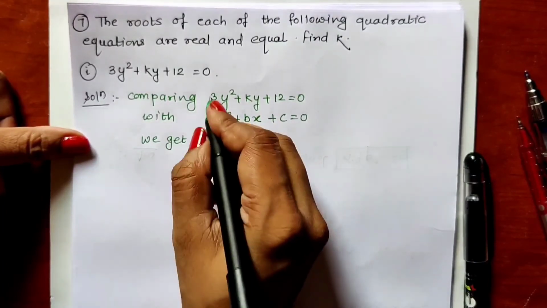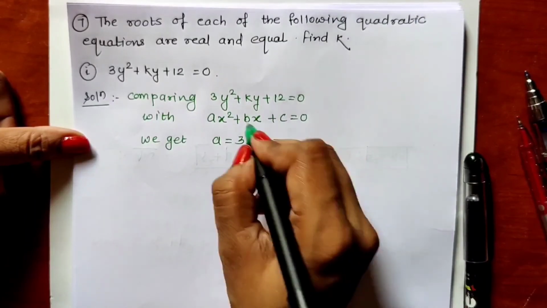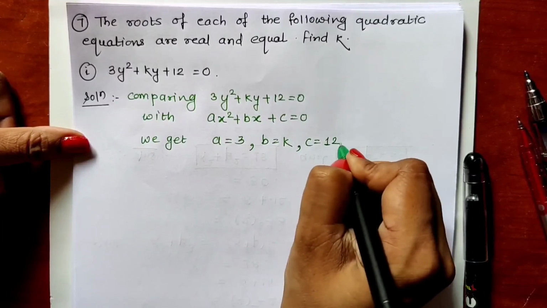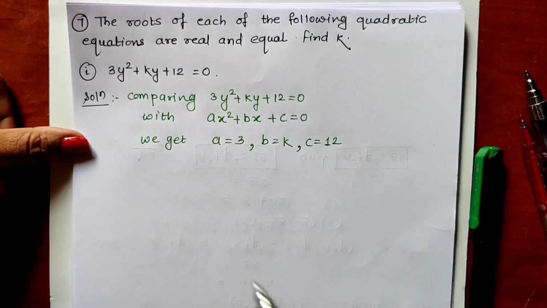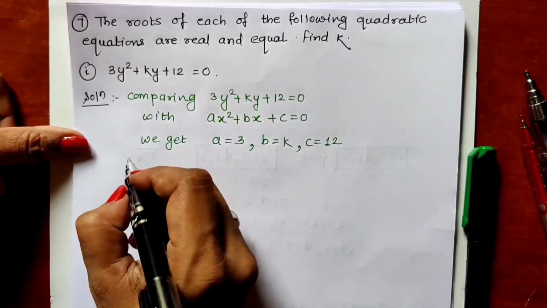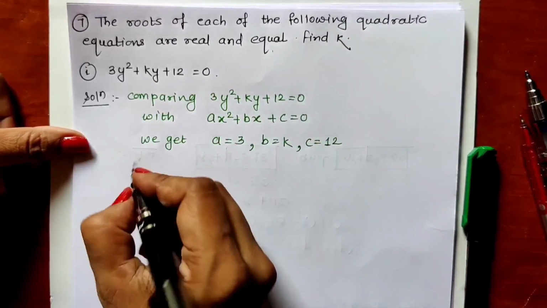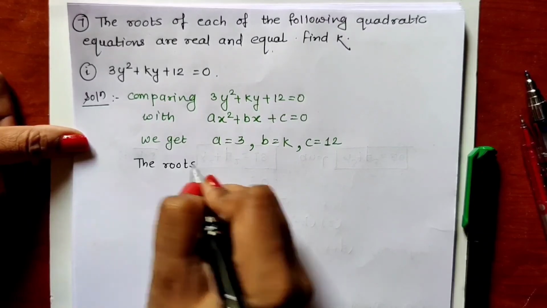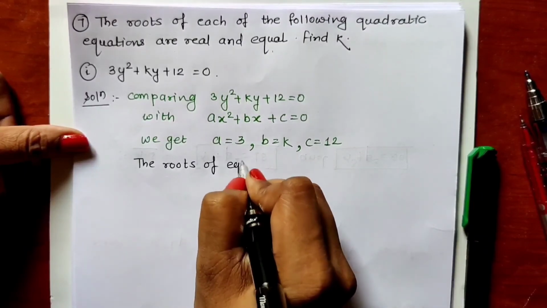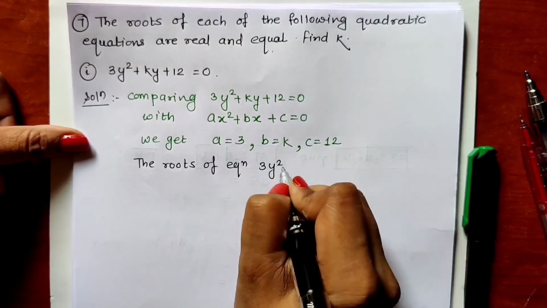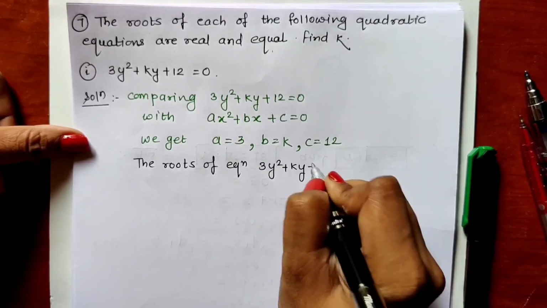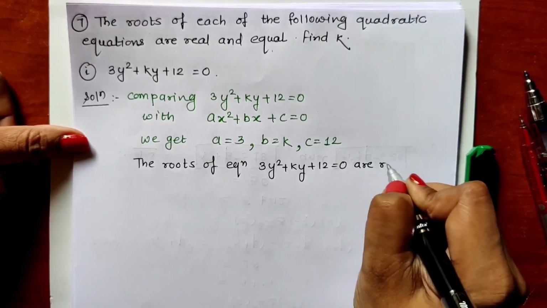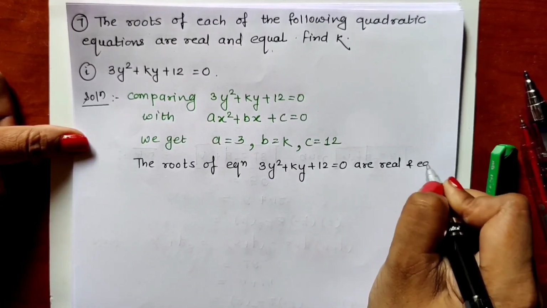A is equal to 3, correct? B is equal to k and c is equal to 12. Now what is given to us? We have been given that the roots of equation 3y square plus ky plus 12 equal to 0 are real and equal.